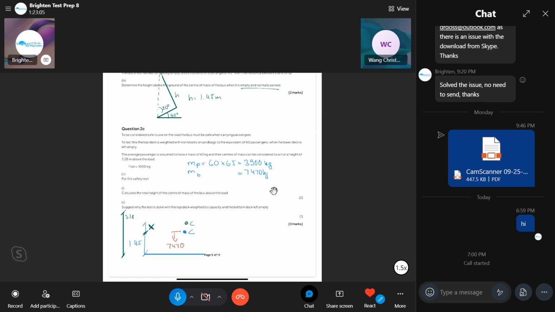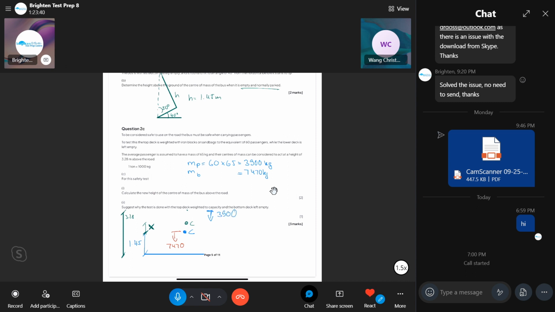And it says that the center of mass can be considered to act at a height of 3.28 meters above. So obviously they act on this. Their force is here. That's what it says, right? Let's make it blue. So that one is acting here, and that's the 3.9.